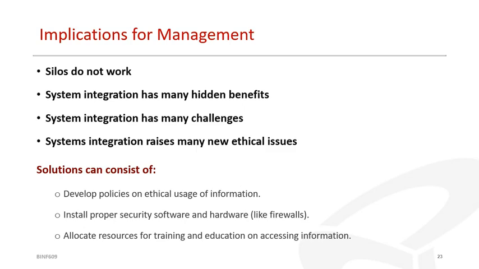System integration raises many new ethical issues, such as the possibility of some employees misusing information for personal advantage and illegal access of information. The solution can consist of developing policies on ethical usage of information, installing proper security software and hardware like firewalls, and allocating resources for training and education on accessing information.